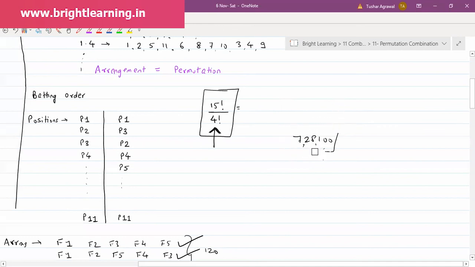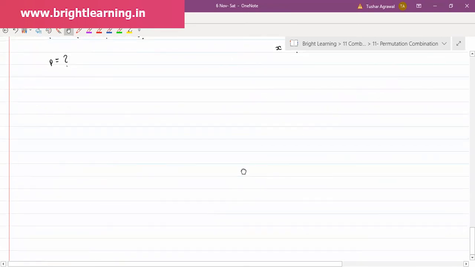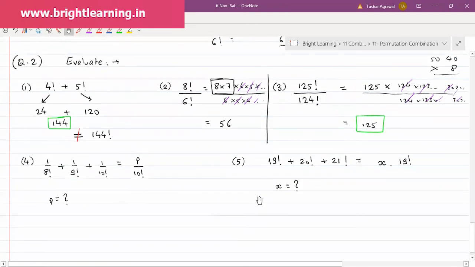Yes, Afrin, tell me. Sir, in the evaluate question, could you please scroll down? Yes, so the first question, sir. In this question, it is 4 factorial plus 5 factorial.